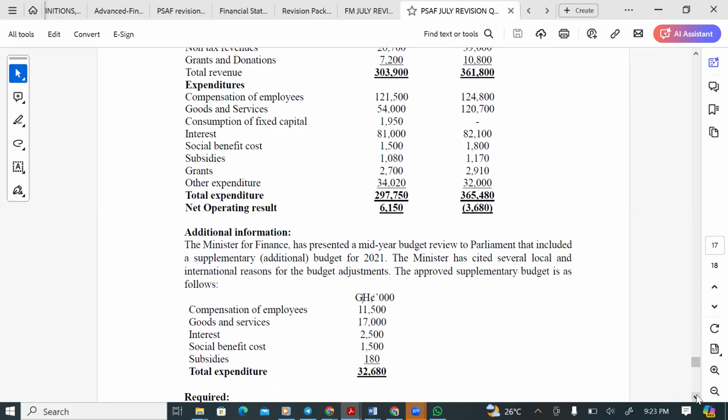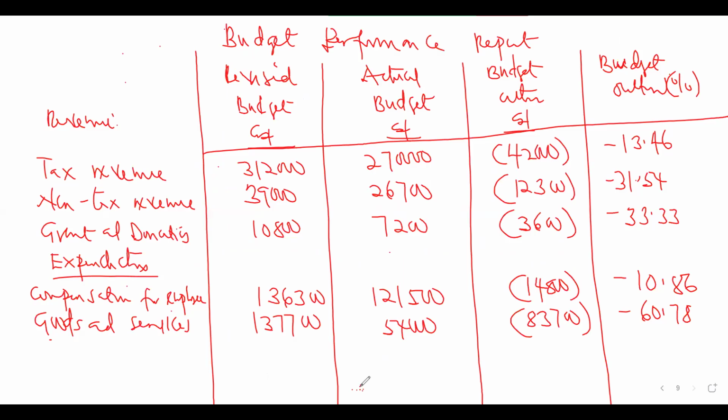There is no base for the consumption of fixed capital, so we don't have any figure for the revised. The figure for the actual is 1,950. Okay. The out-turn will still be what?